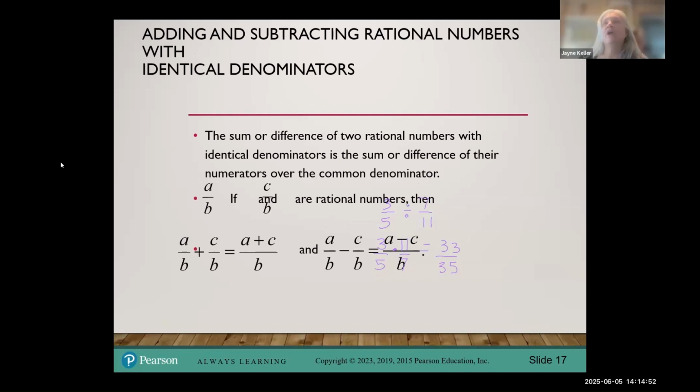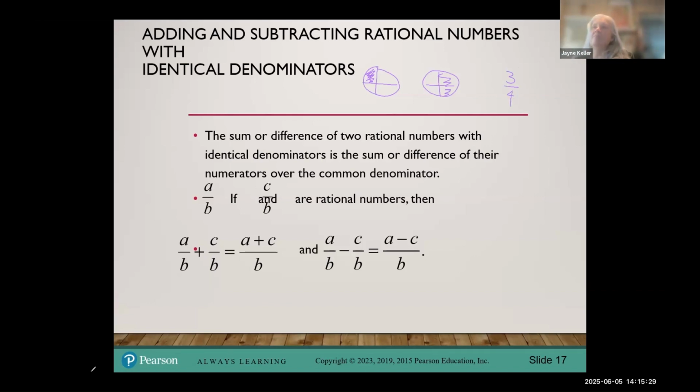And then we have adding and subtracting. If the denominators are the same, it's really easy. I always think about slices of pizza, because I don't really like fruit pie. If I have a pizza and I cut it into 4 pieces, and this one I had 1 slice left over, and this one I had 2 slices left over, then in all I have 3 slices left over, and I've cut them up into slices of 4.